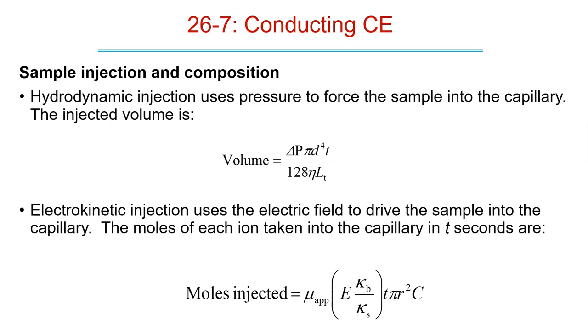So there could be a reason, if it's a real complicated ion solution, that you already want to influence how things are separating with injection. So we can calculate the moles applied using, again, some of these terms here. Again, don't worry about memorizing this equation. Just see that the field strength that we apply is directly proportional to the moles we inject.